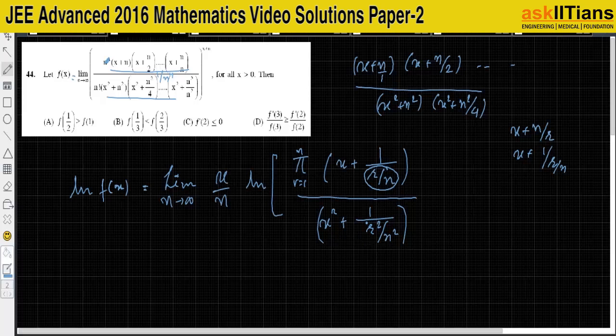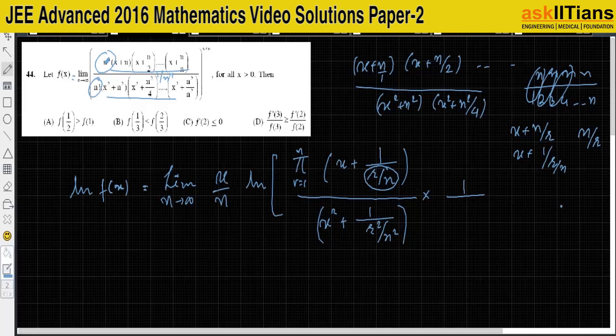I am writing it like this, and this is multiplied by, see I have n power n and here I have n factorial. So n factorial is like 1, 2, 3, 4, 5 till n, and n power n is like n, n like this. So this is again nothing but n by 1, n by 2, n by 3.